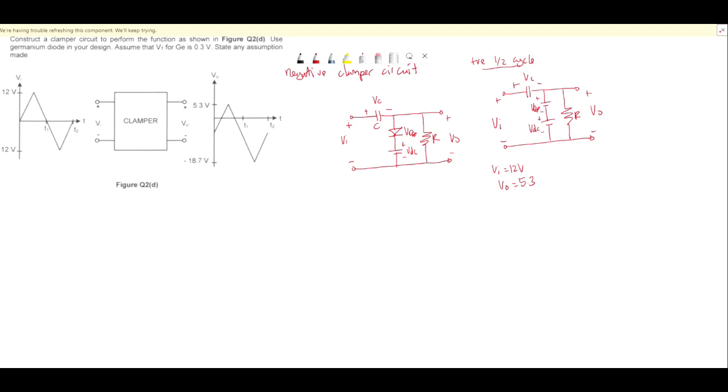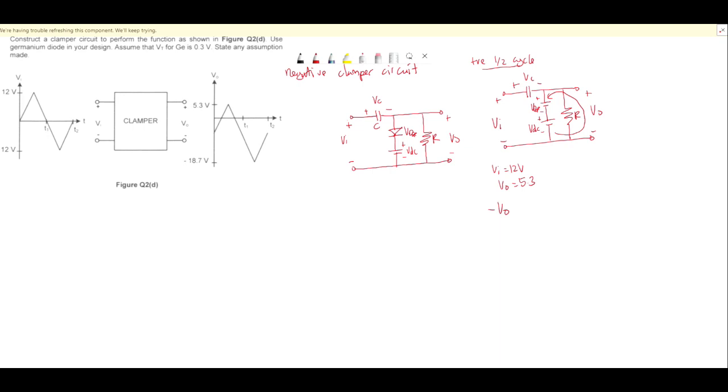Okay, so to find the value for the VDC, okay, we need to apply the KVL. Okay, apply the KVL at the output side. So I make a loop. Okay, here counterclockwise. Right, so starting from V out, okay, you akan jumpa dengan negative V out first, and then dia akan jumpa VD, okay, plus.